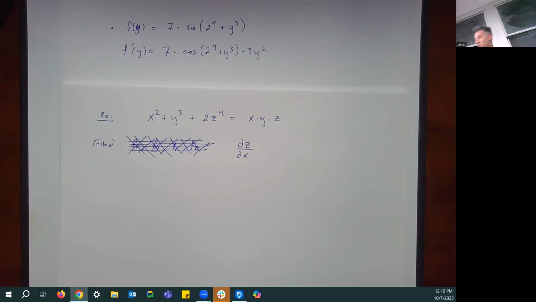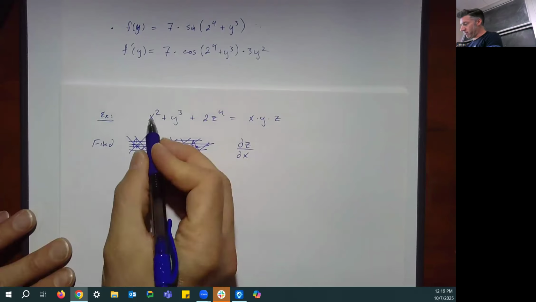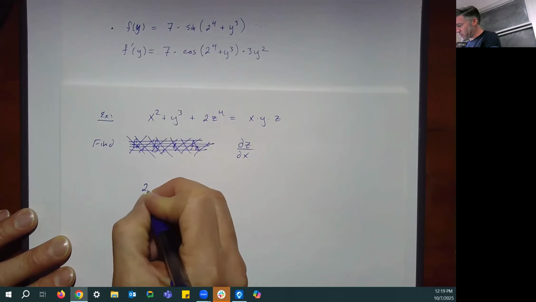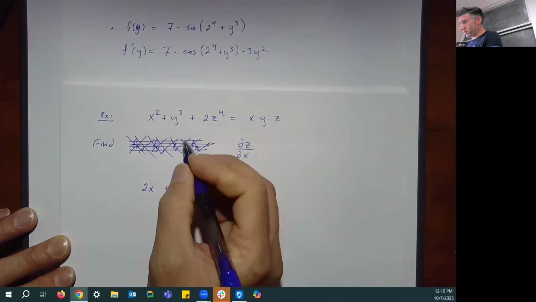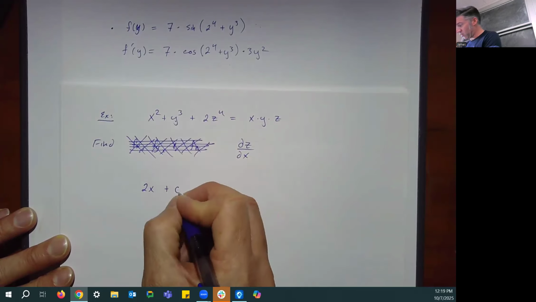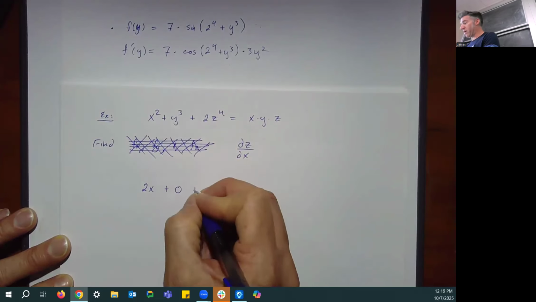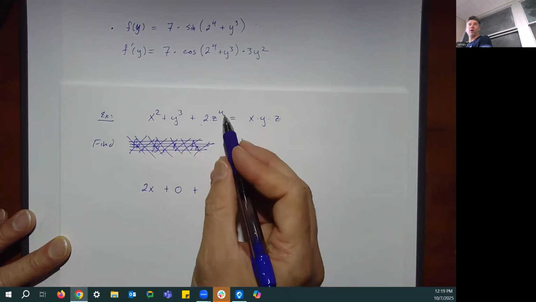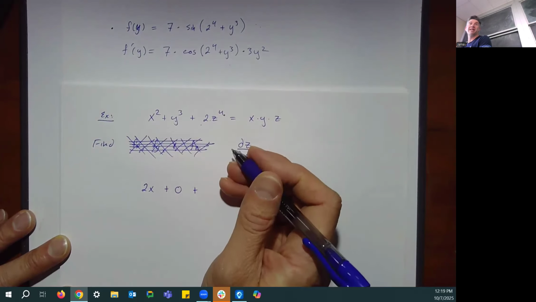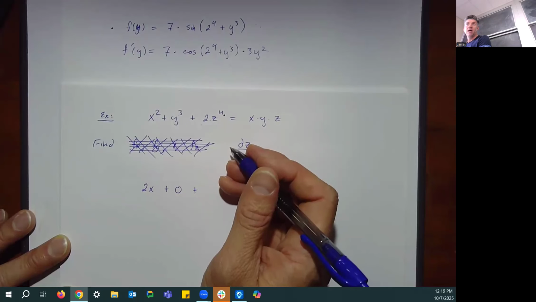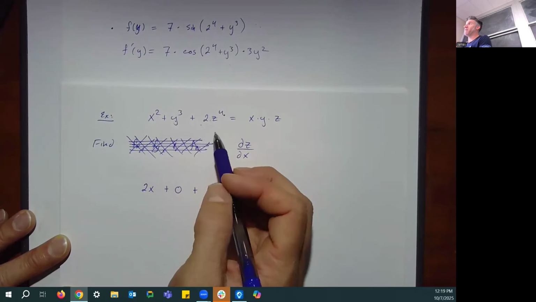So here, we're going to do like we did back in the day. We're going to take the derivative of both sides with respect to x. So the derivative of x squared is going to be 2x. The derivative of y cubed is going to be 0. Here's where it's going to be a little bit weird. The derivative of 2z to the fourth is going to be 8z cubed times del z del x. Because again, we're imagining that z is the function.